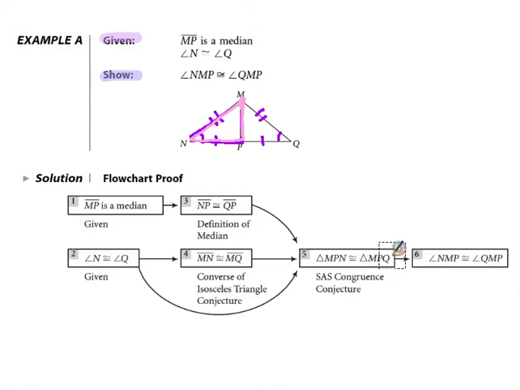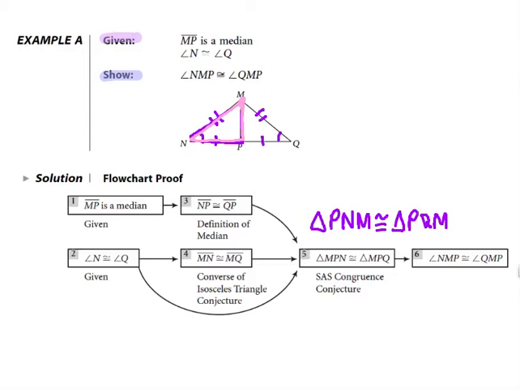Now this is the thing. Could you have something different? Like could you have triangle PNM is congruent to triangle PQM? Yes, you can. It doesn't have to be identical to what we have in here. Side, side, side, you could, but not in this chart.